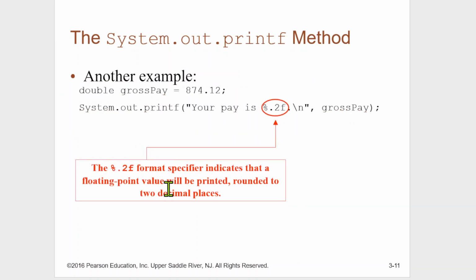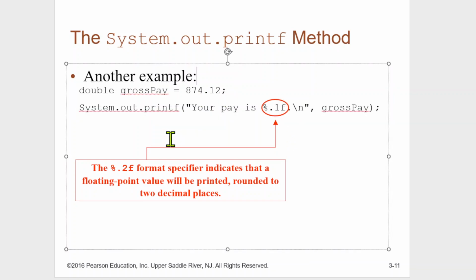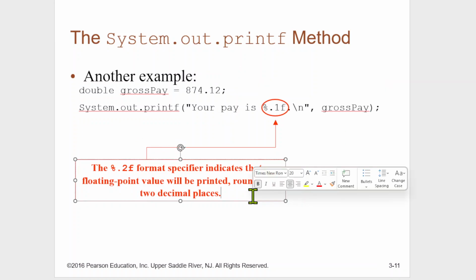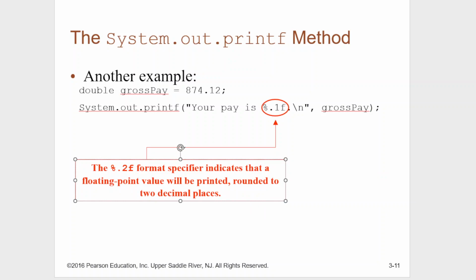The format specifier indicates the floating point value is to be printed rounded to 2 decimal places. This is actually rounding. So if I made this a 1, my output would be 87.1 right now.